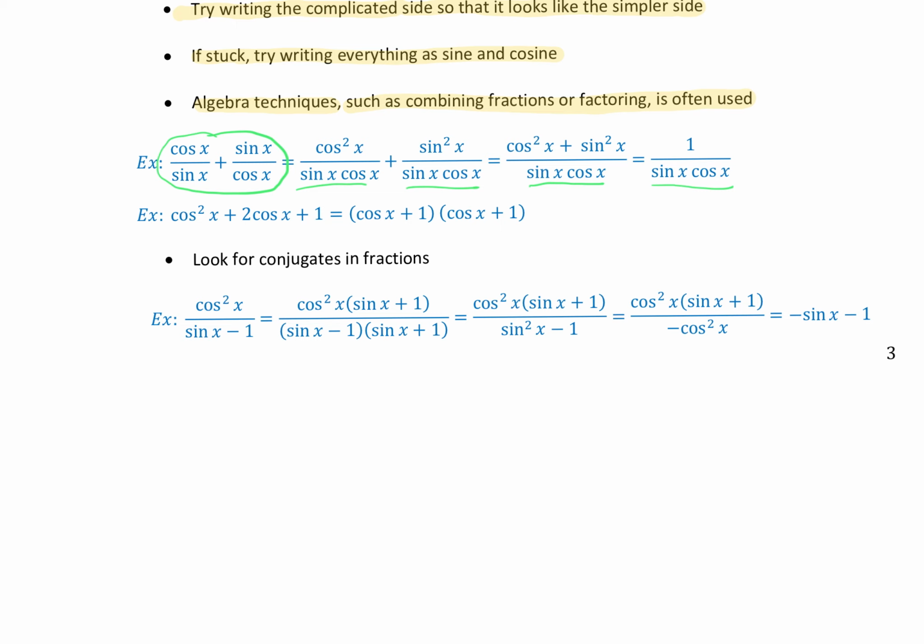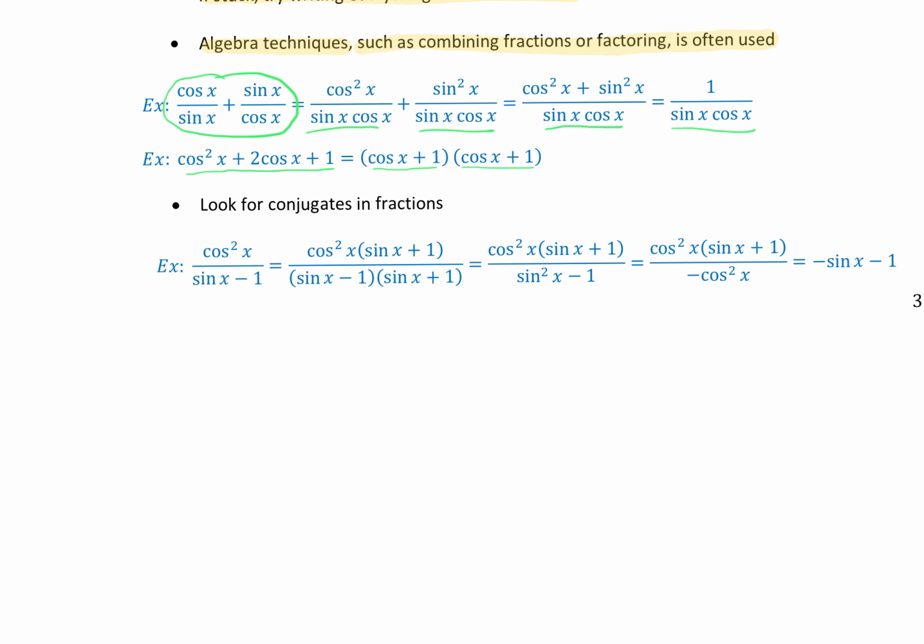Another example, if you had cosine squared plus 2 cosine plus 1, that's actually the form of a quadratic, and it does factor, but it's really hard for some people to see that this would factor as cosine of x plus 1, cosine of x plus 1. So going back to our algebra, what's irritating is this cosine. That's what's bothering me. So if you did a simple substitution, you can't use x because x is already being used, so maybe y.